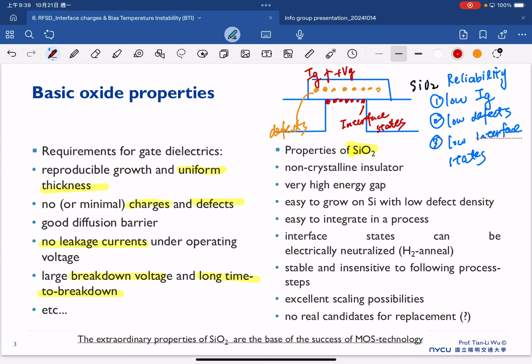So these are the three general requirements if we want to have a dielectric with good reliability.